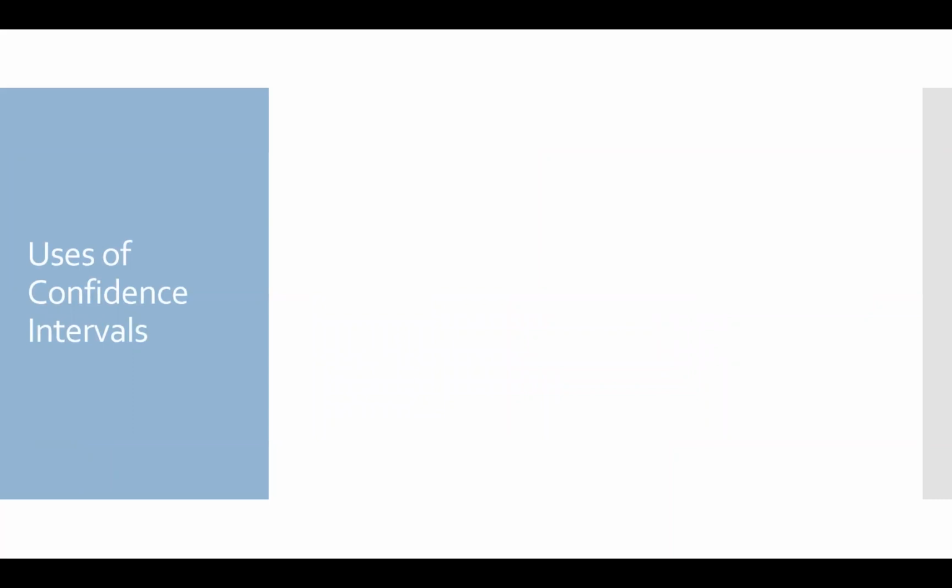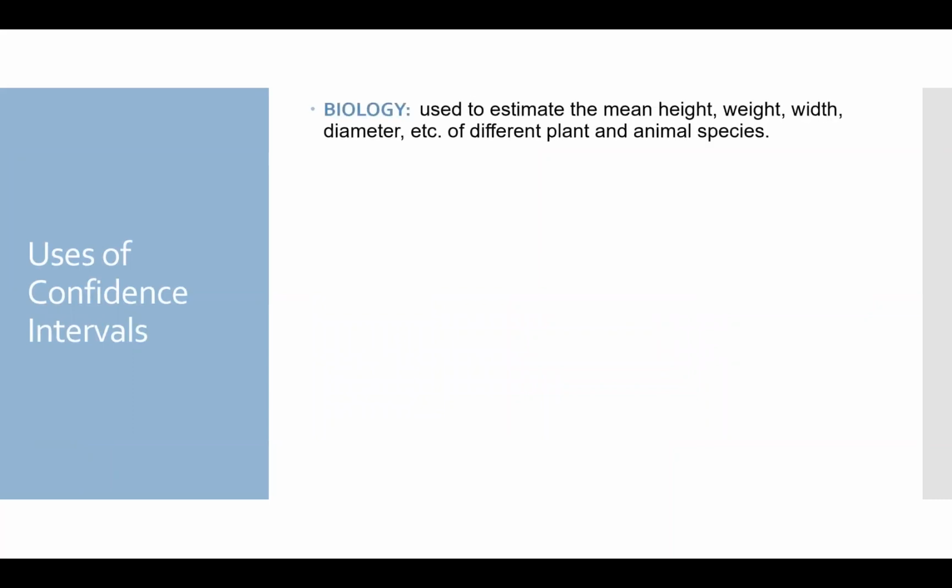Okay, so where and when do we use confidence intervals? For example, in biology, we could use a confidence interval to estimate things like the mean or the average height, weight, width, diameter of different plants or animal species.